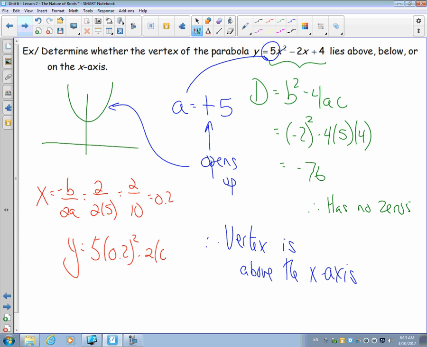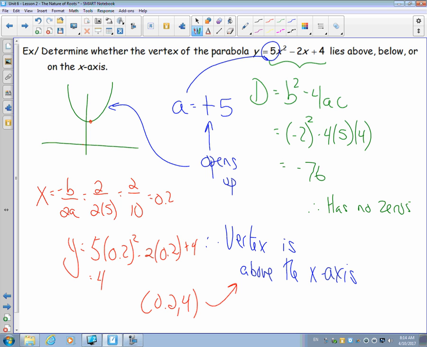If you look at these numbers, they come out to a positive 4. So my vertex is 0.2 and 4, and that lies above the x-axis.